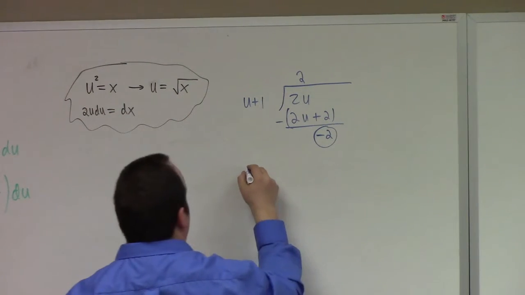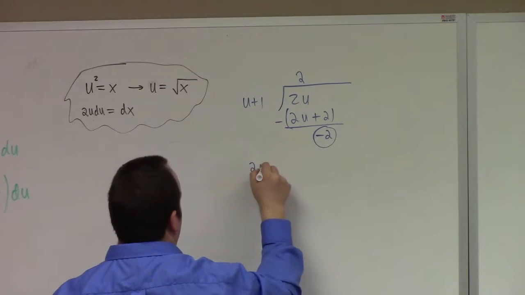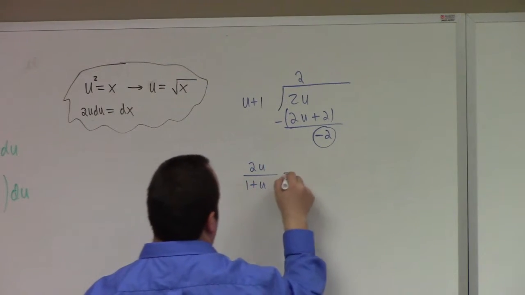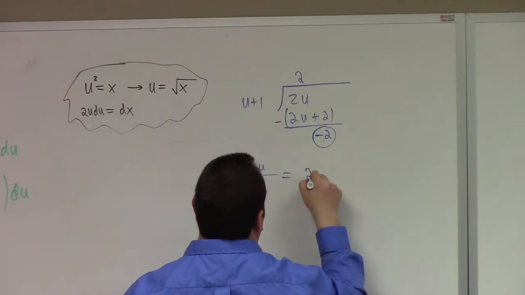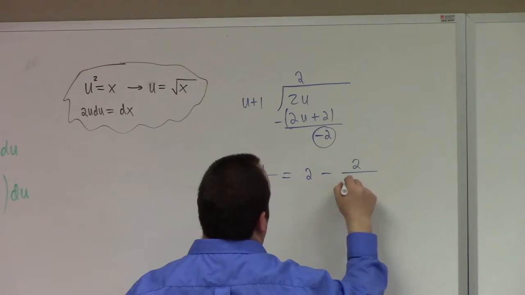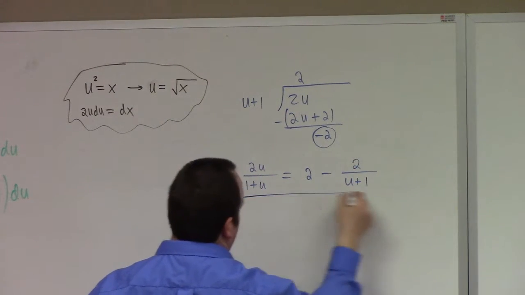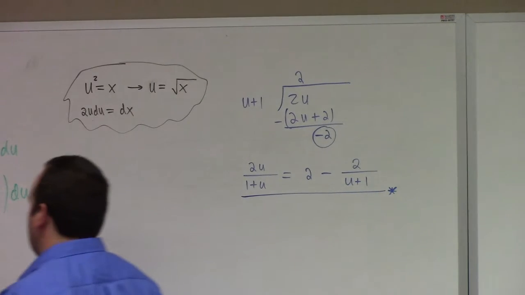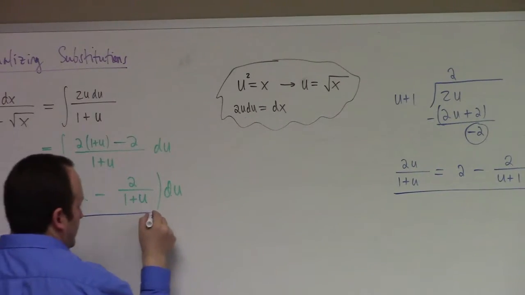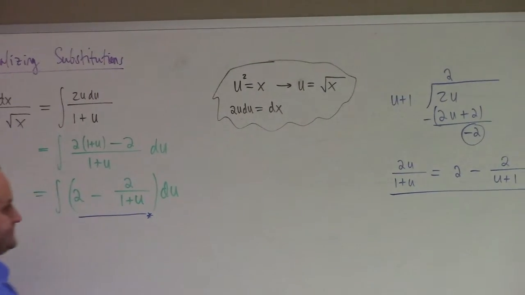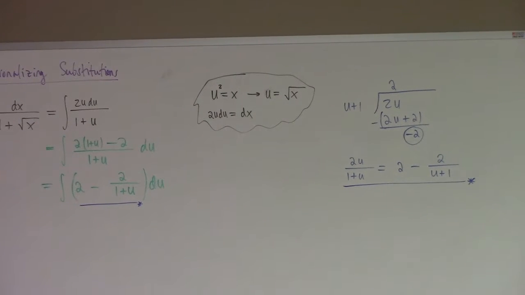Therefore 2u over 1 plus u, in fact, is equal to 2 minus 2 over u plus 1. As you can see, that and this are the same bird. So if you don't like my trick, you could do long division. It's up to you. You've got to do something, otherwise you can't integrate. I suppose you could still integrate if you make a w substitution or something. Anyway, this is one way to do the integral.